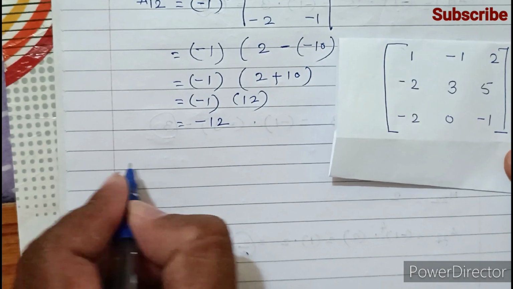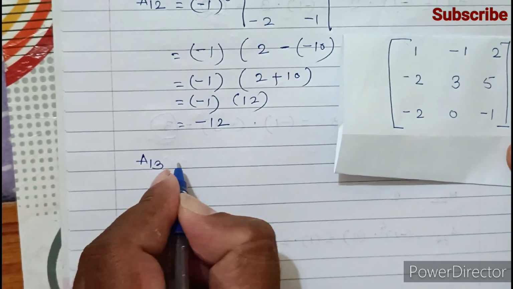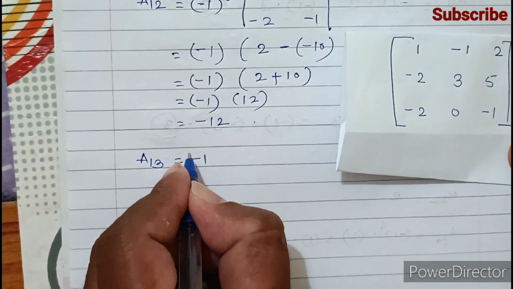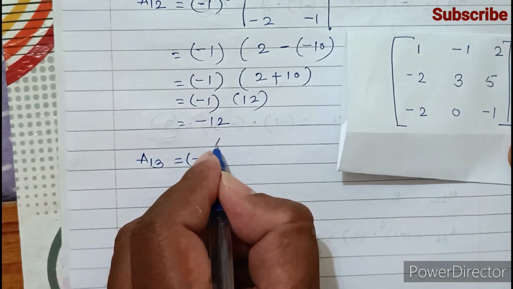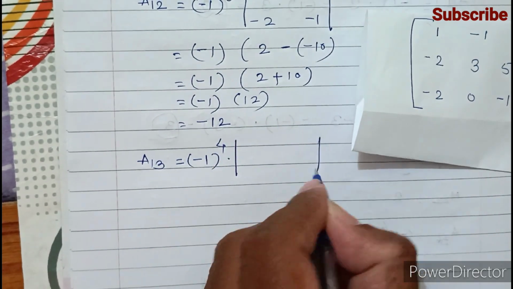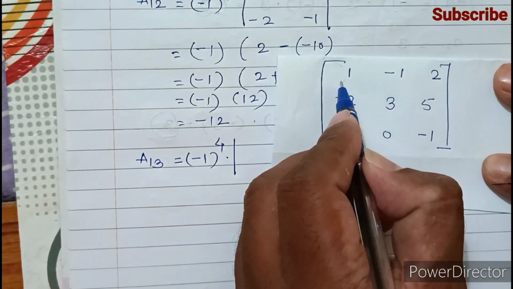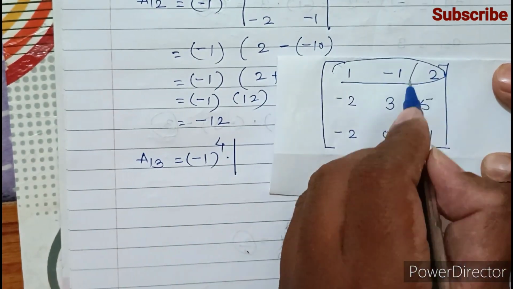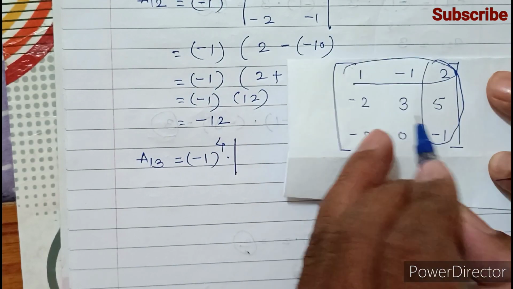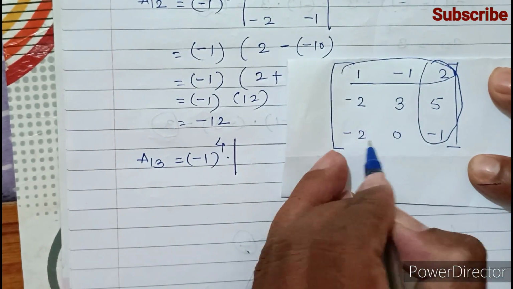Finding the value of A13, which can be calculated as minus 1 to the power 1 plus 3, that is 4, into the minor where the first row and third column are eliminated. The remaining elements are minus 2, 3, minus 2, 0.